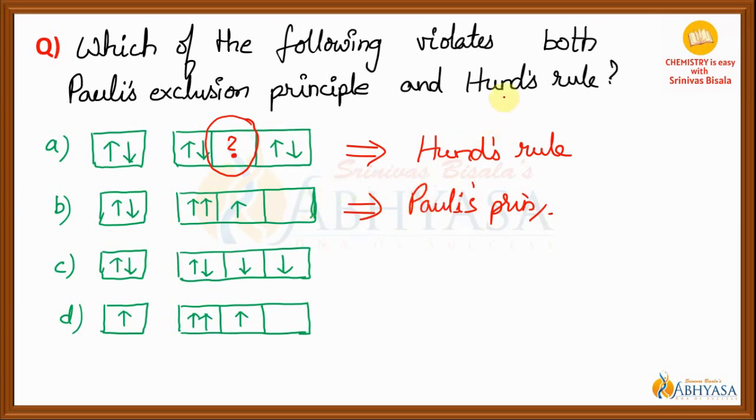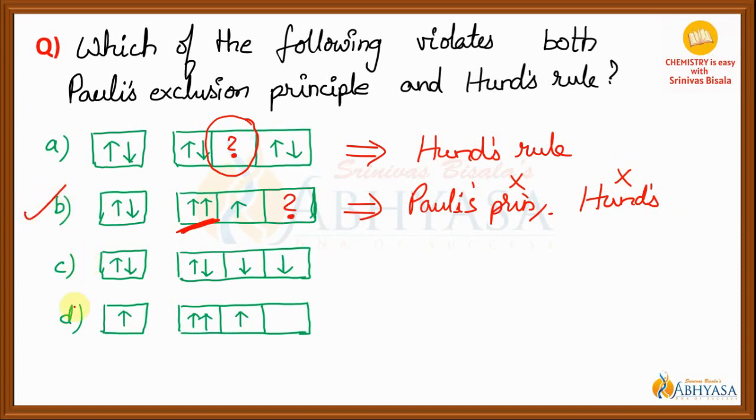Let's see about the Hund's rule. Then see here, this orbital is vacant, but already pairing took place here. So it means without filling all the orbital with one electron each, and if pairing takes place, it is not obeying Hund's rule. So this particular electronic configuration is not following Pauli's principle as well as Hund's rule, and that is our answer, isn't it?